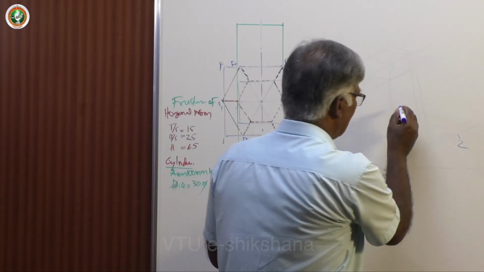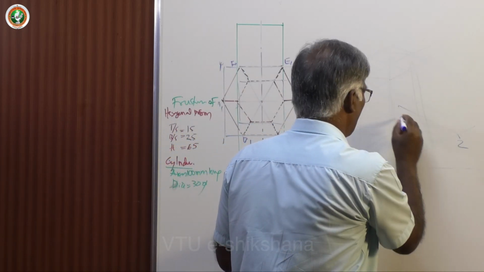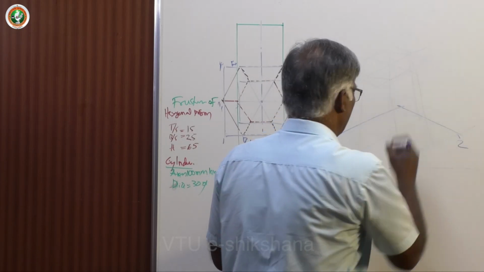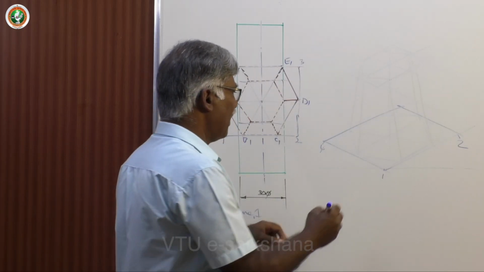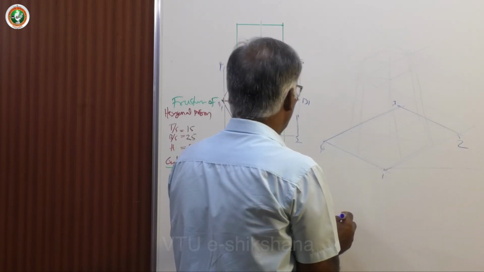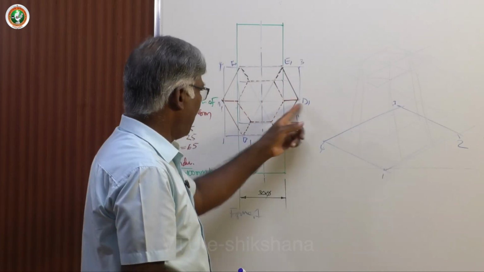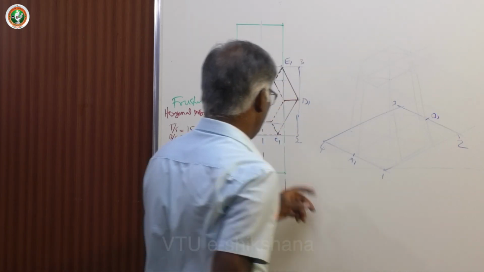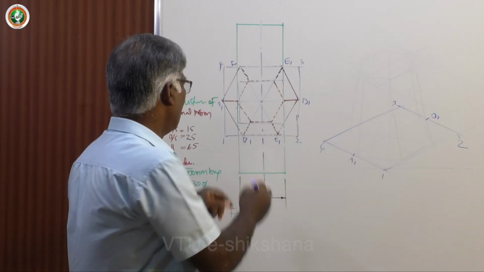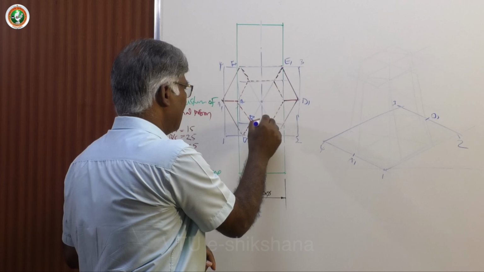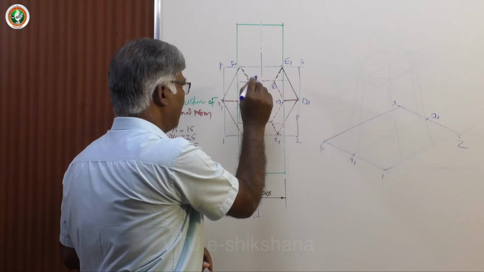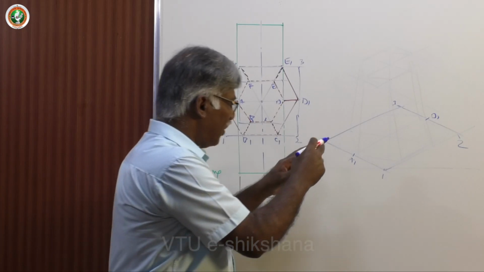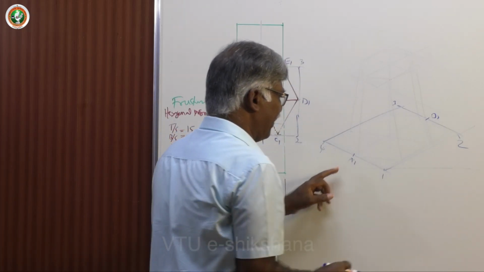Draw parallels to this parallelogram. You know, isometric view of rectangle is parallelogram. This is 3. Now these are midpoints, A1, D1 points. Mid base corners are A1, D1, and top corners are A, B, C, D, E, F. Now keep A1 and D1 directly because they are midpoints.